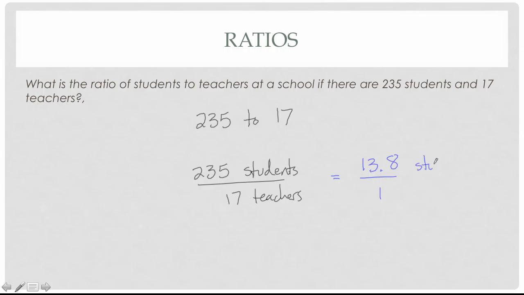So there is 13.8 students per teacher, per one teacher. So there's a ratio right here. Oh, I wrote ration. I don't know why I did that. Ratio. It's right there. And then this is my rate.